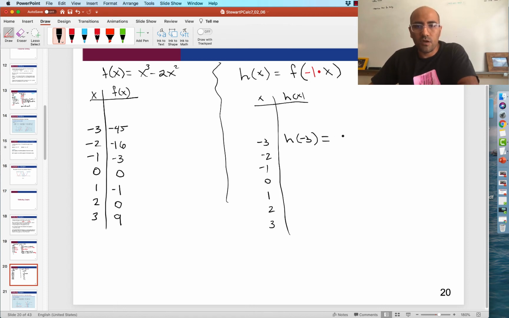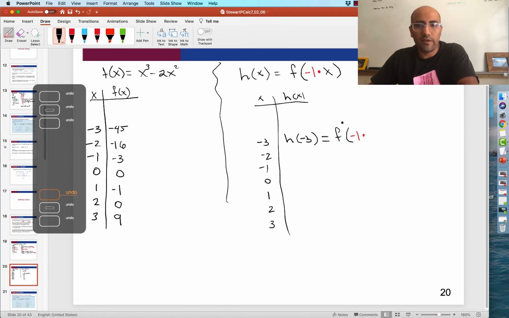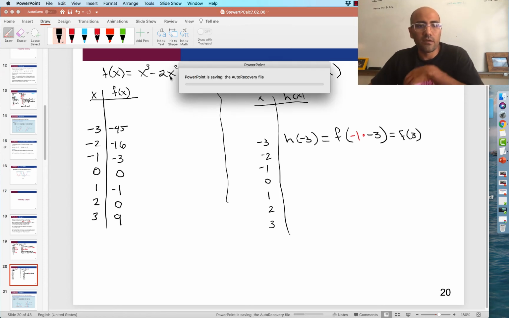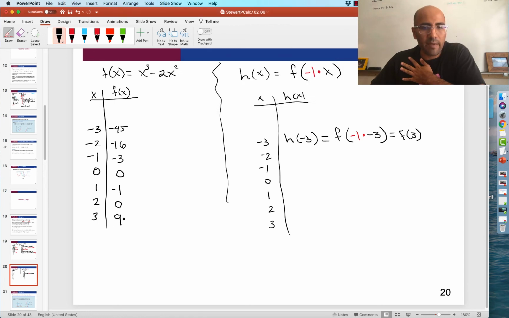Well, the instructions are that it's equal to the old function where there's a -1 times the new input value of -3, which then just becomes f of 3. I could plug the 3 into this equation, 3 cubed minus 2 times 3 squared, or I can just look at my old table values and see that 3 maps to 9. So I can take the shortcut of saying that equals 9.